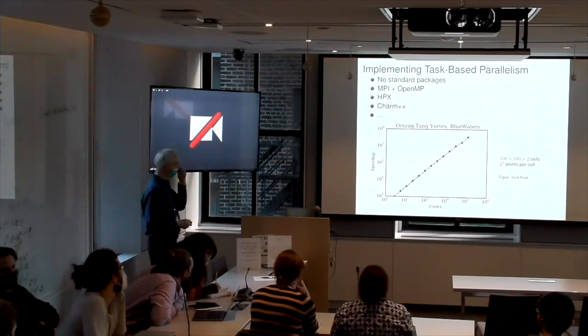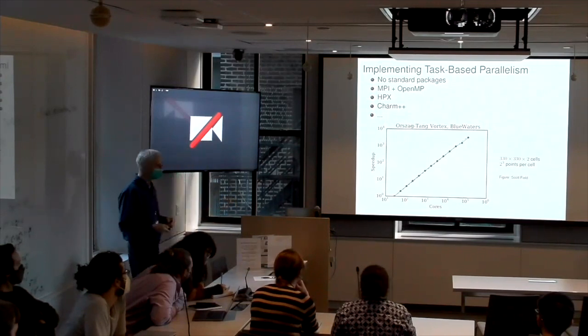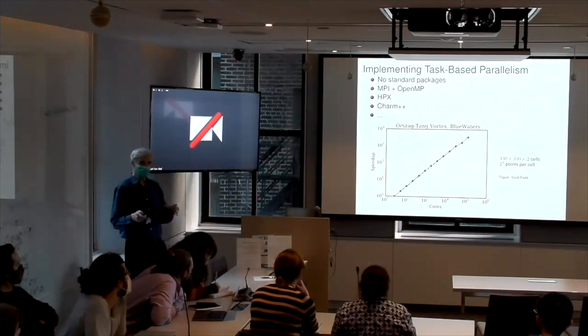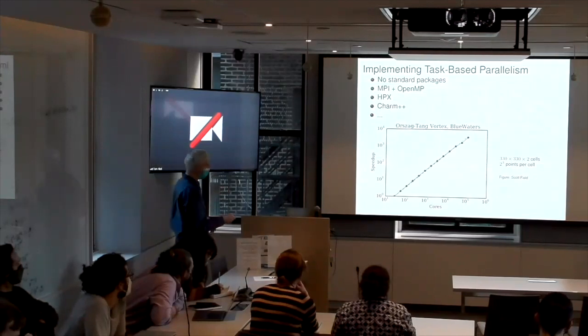And that seems very good. So here's an example of a standard test problem in MHD that we ran a little while ago when Blue Waters was still around. It was the biggest machine that we could get access to easily. This was a relatively easy problem in the sense that it was a homogeneous computing load across the processes. So we took a fixed size problem, and then we ran it from a small number of cores all the way up to fill the machine.